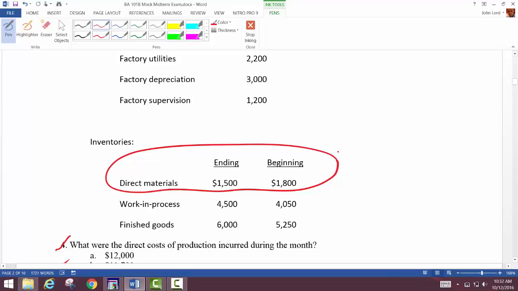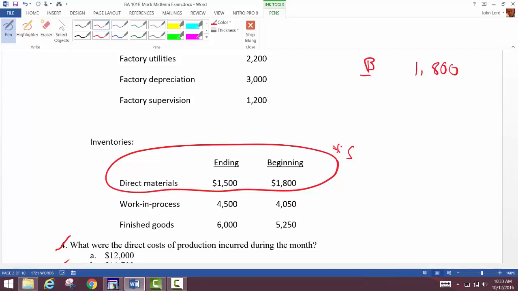So I started out with my beginning direct materials. Beginning direct materials were 1,800. Remember, guys, you should figure out what you're looking for. I'm looking for the subtract from direct materials, because that's going to be the amount that got issued to work in progress.